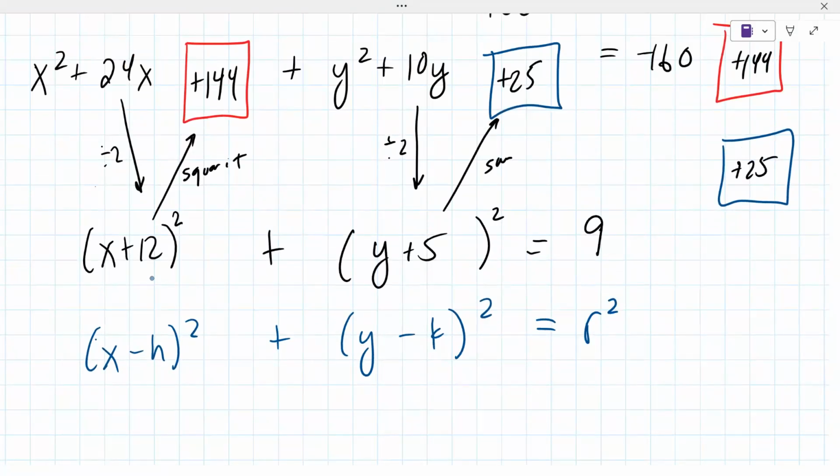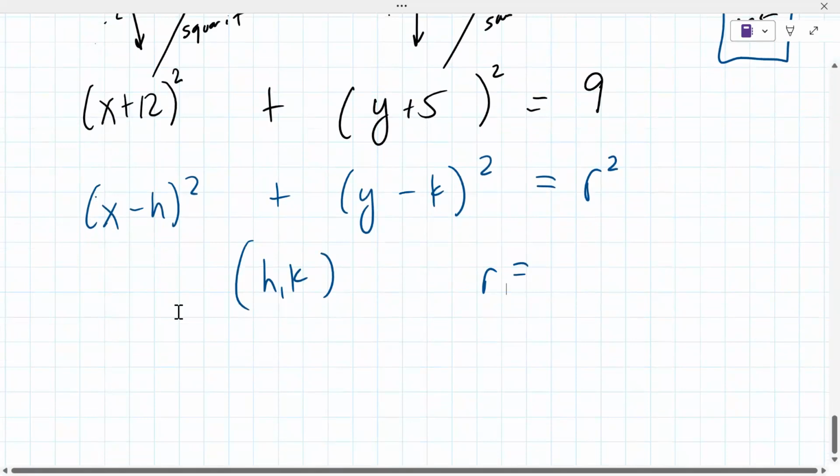Okay. And you identify H and K and R. Go ahead and give that a try, please. Would H be 12, K is 5, and R is 9? I'm sorry, say that one more time. Would H be 12, K is 5, and R is 9?